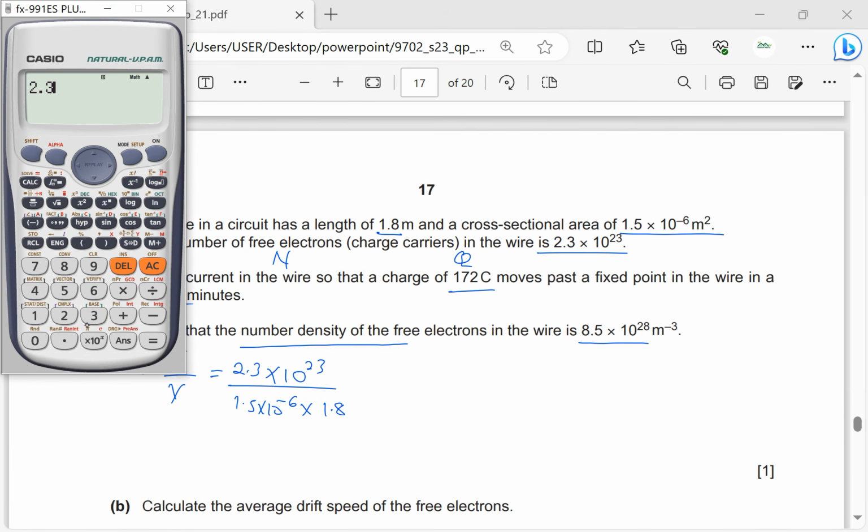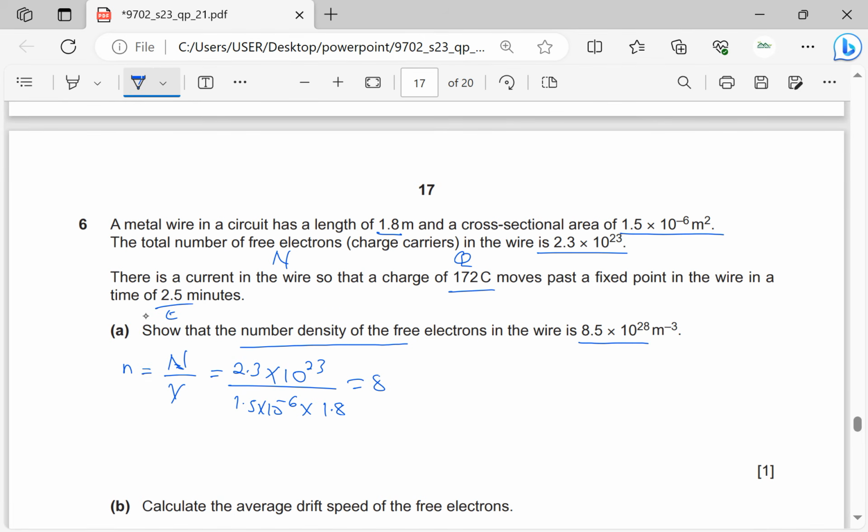So we have 2.3 exponent 23 divided by 1.8 times 1.5 exponent minus 6. So this gives 8.52 times 10 power 28, which is approximately the same as that.